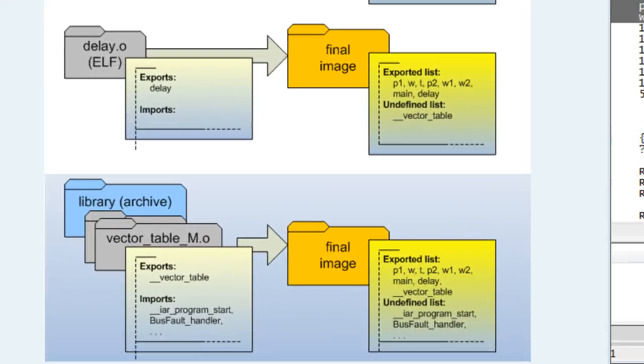However, it turns out that the object file vector_table_m.o also has its own imported symbols, such as __iar_program_start, bus fault handler, and so on. So at this point, the linker applies another rule for linking libraries, which is to keep searching all object files in the current library for the undefined symbols.